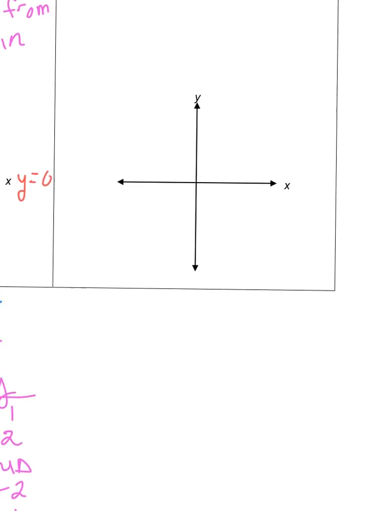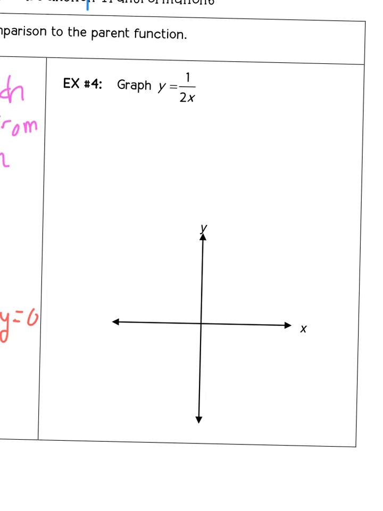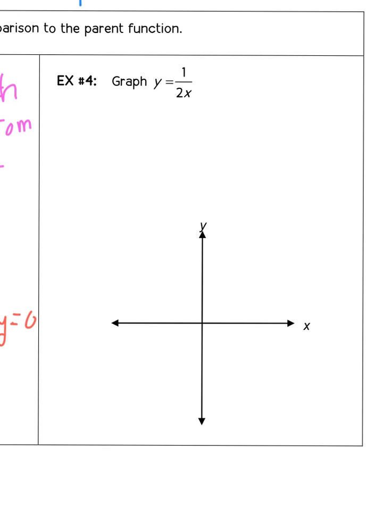Okay, so let me make this a whole lot bigger and straighten it out. Yeah, that's good enough. Okay, so for this one, if I pulled out a and it had the parent function, a would be 1/2.